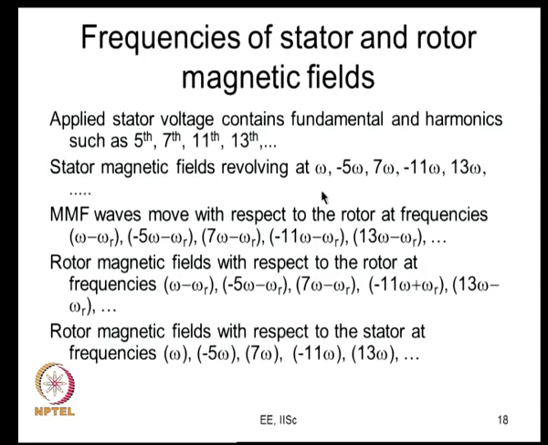Consequently, there are magnetic fields of 5 omega, 7 omega, 11 omega, 13 omega etcetera. There are magnetic fields corresponding to the various components of the stator voltage, and these stator voltages in turn induce EMFs and currents in the rotor, and they produce magnetic fields, and once again those are at frequencies omega, 5 omega, 7 omega, 11 omega, 13 omega.